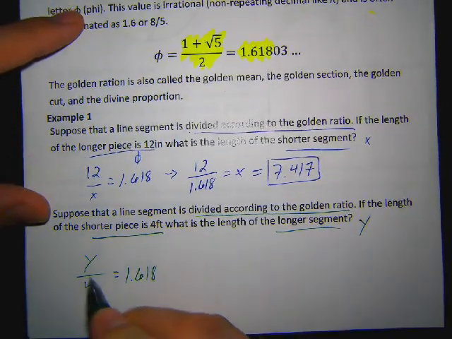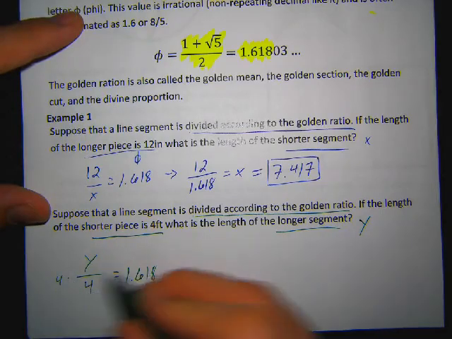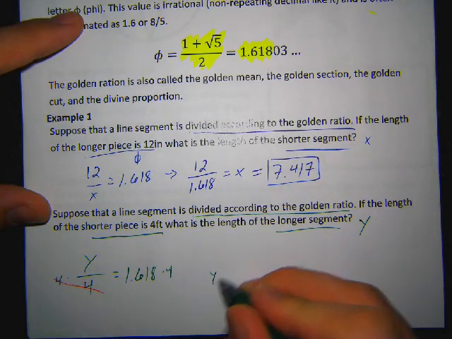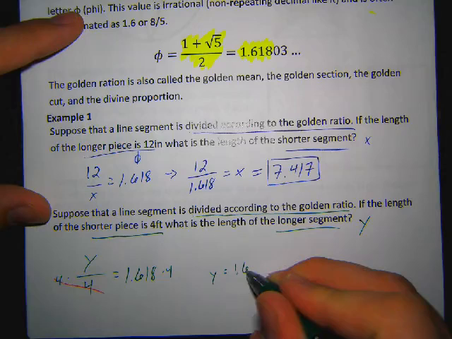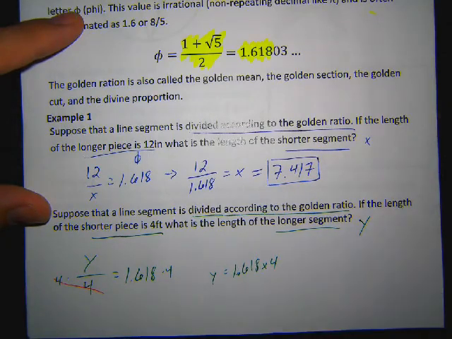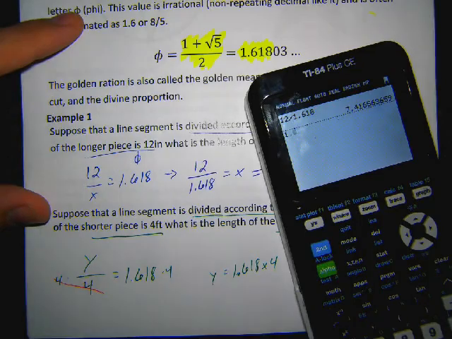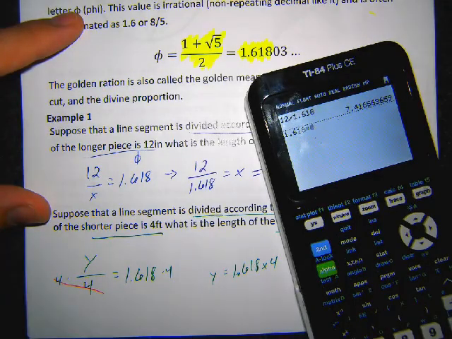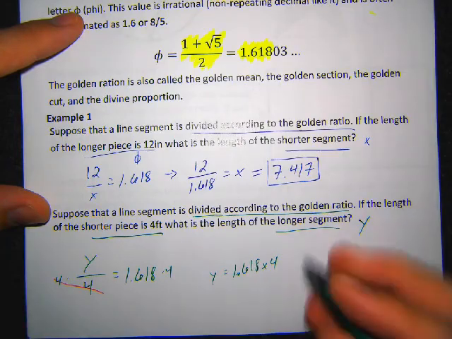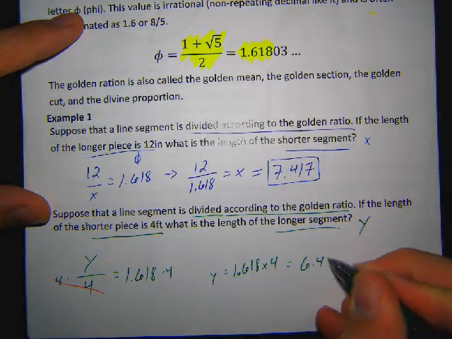This time to find y, all we have to do is multiply 4 on both sides, because that will get rid of this 4 on the left side. So y is whatever you get when you do 1.618 times 4. If I multiply that, it gives me 6.472.